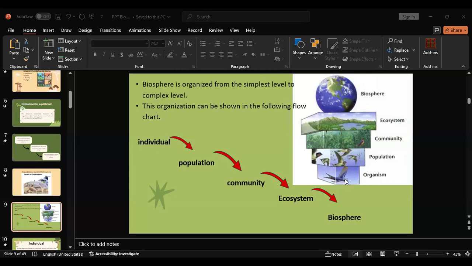Individual means one organism. In the population you will see a lot of organisms of the same species. The community means you may see other plants like that. The ecosystem also includes the other environmental conditions, and all the ecosystems are joined together and form the biosphere. So this is the order you should know.